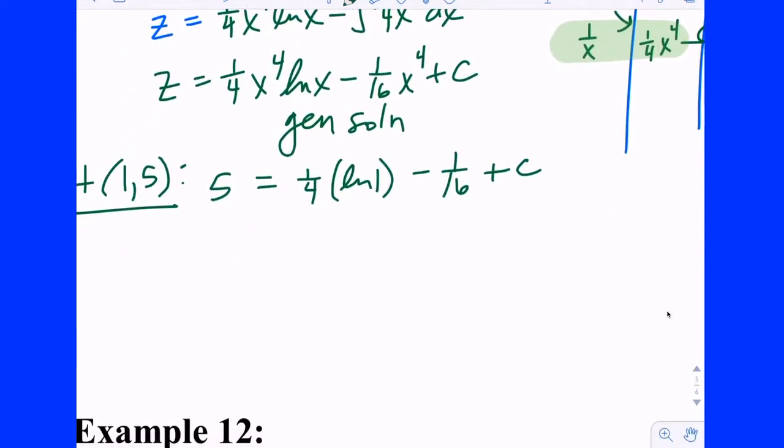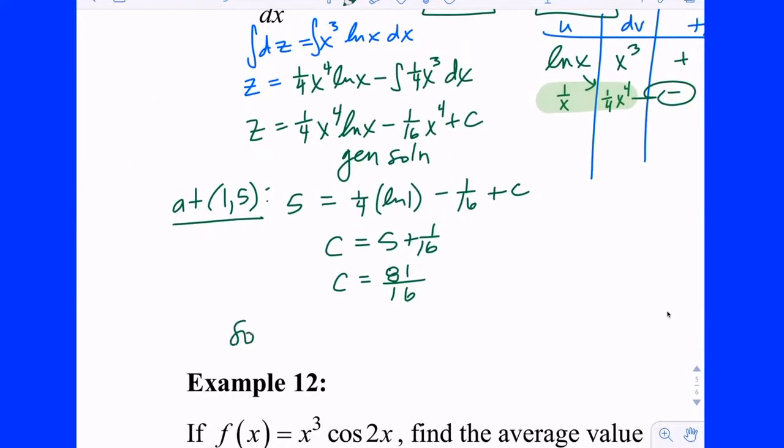What's the natural log of 1? 0. So we end up with c equal to 5 plus 1/16, which is the same as 81/16. So our particular solution is z equals 1/4 x to the 4th natural log of x minus 1/16 x to the 4th plus 81/16.